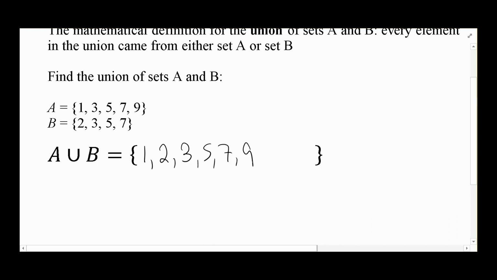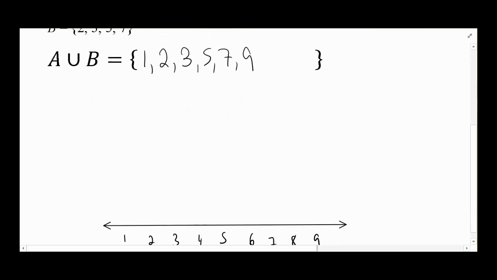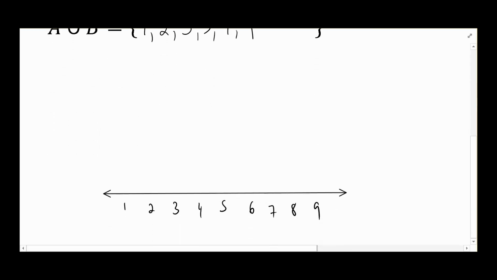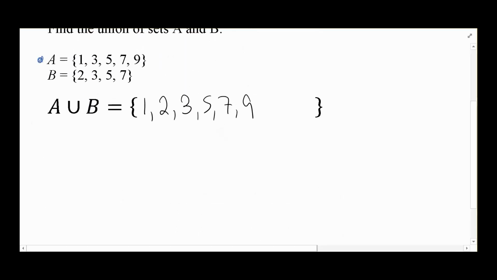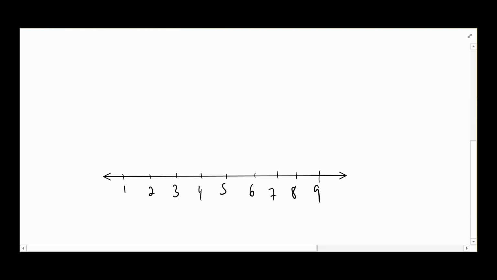Now, just like with the intersection, we could look at this graphically to make sure that we get everything and didn't miss something by just going through and looking at it. So we could do that again by looking at the number line and saying I got these numbers 1 through 9. Remember that A, if we want to do A as blue, were the odd numbers.